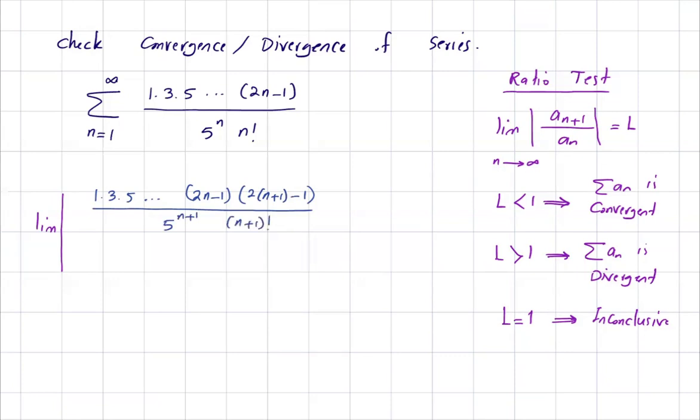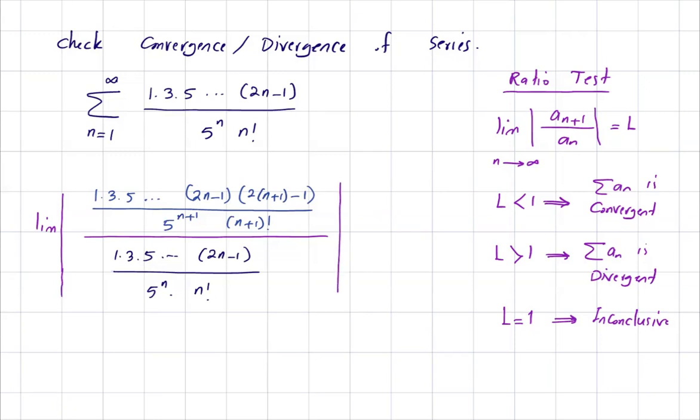On my denominator, I'm going to copy down my a_n, which is 1 times 3 times 5 ... times 2n minus 1 divided by 5 to the power n times n factorial. We're finding this limit as n goes to infinity.